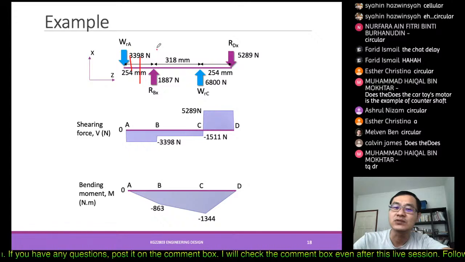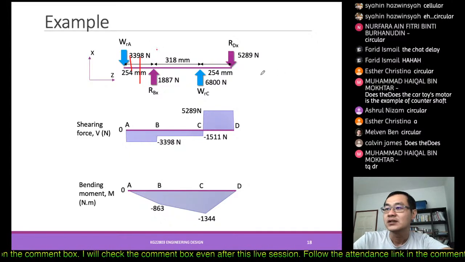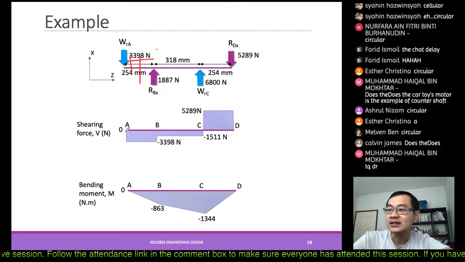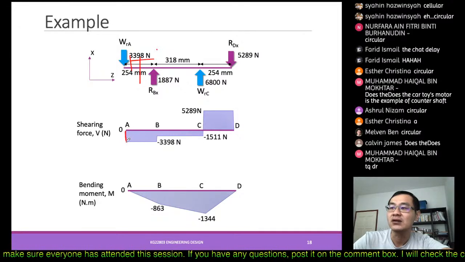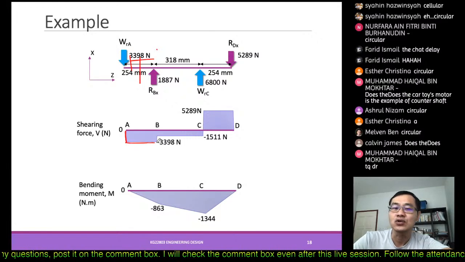We will say that as a shear, right? So now we just add 3398, going down, so it will have the shear in this direction. Going down and along this bar, it is maintained, because there is no additional shear force downwards.